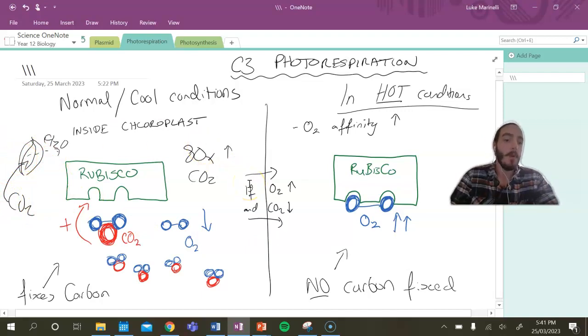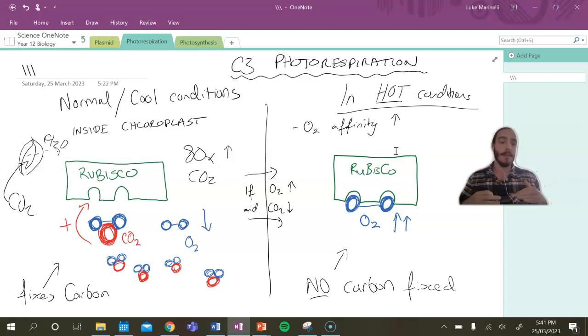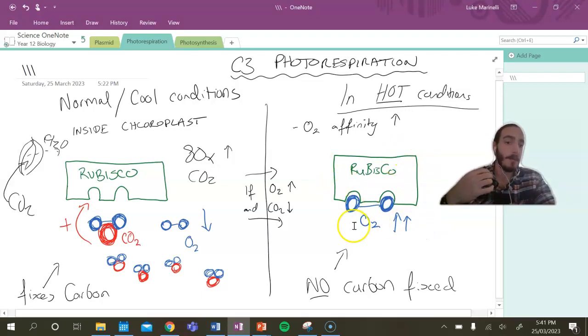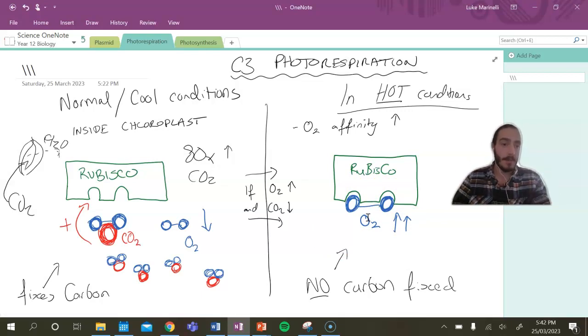Now, what happens is that in hot conditions, the Rubisco also becomes more likely to bind with oxygen. So not only does the affinity increase in hot conditions, but the ratio of oxygen also increases. So now we get Rubisco binding with oxygen instead of carbon dioxide. And what happens then? We get no carbon fixed, and now, what do you know? Photosynthesis goes down dramatically.